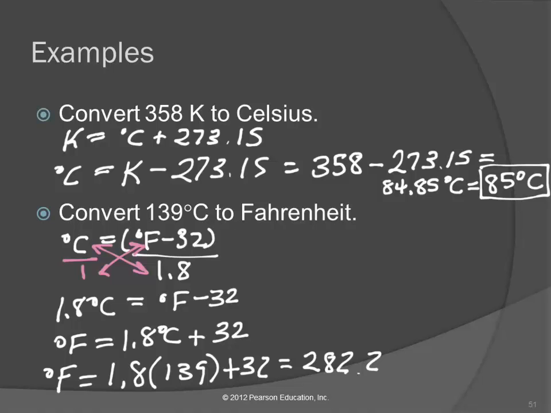With 139 degrees, the last digit is the ones place. So I'm going to keep up to the ones place in my answer. I'm not going to end up with tenths or anything. So I'm going to round this off to 282, and the unit is degrees Fahrenheit.